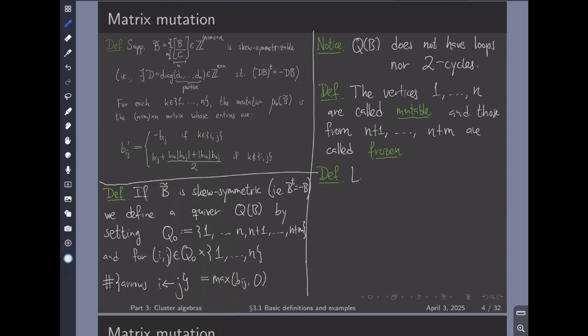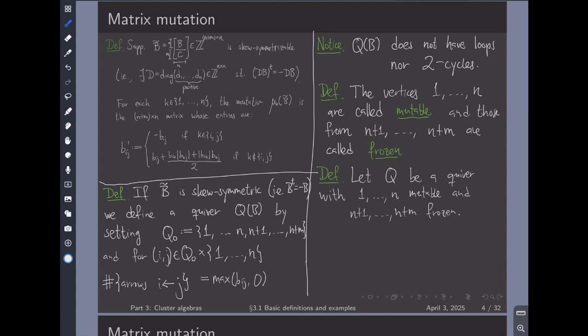So let now Q be a quiver with 1 to n mutable vertices, and n plus 1 to n plus m frozen.